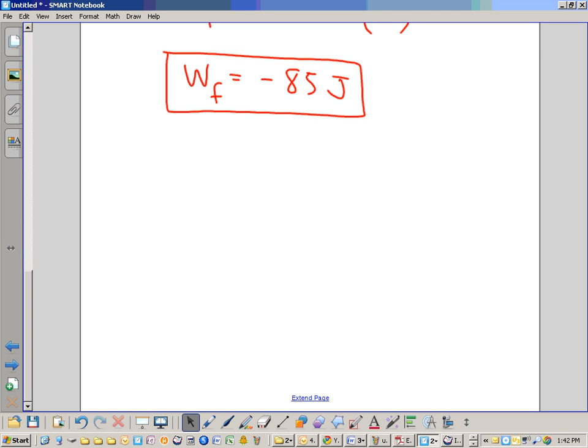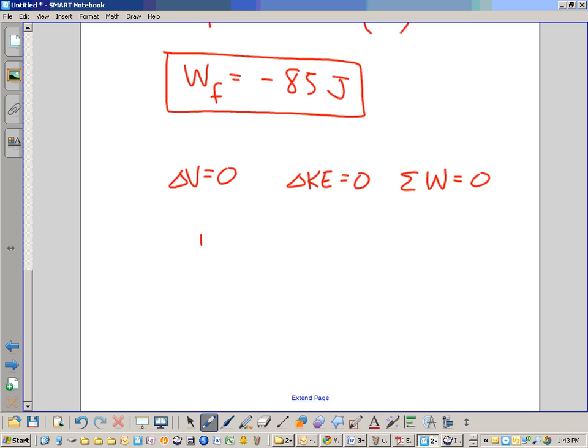So the only things that do either positive or negative work, or work that has any magnitude at all, are friction and the tension force. Basically, since delta V is equal to 0, that means the change in kinetic energy is equal to 0. That means the net work done is equal to, guess what? 0.